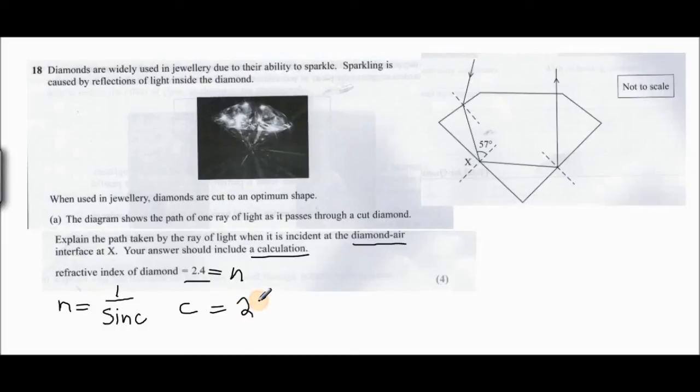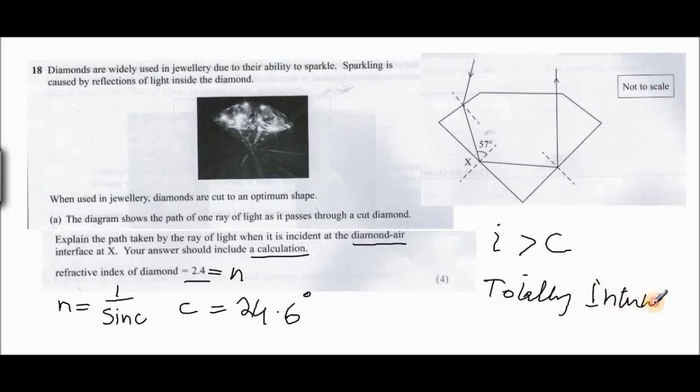So 24.6 degree. So you can say the incident angle, angle i, which is 57 degrees, is greater than the critical angle. So light would be totally internally reflected at X.